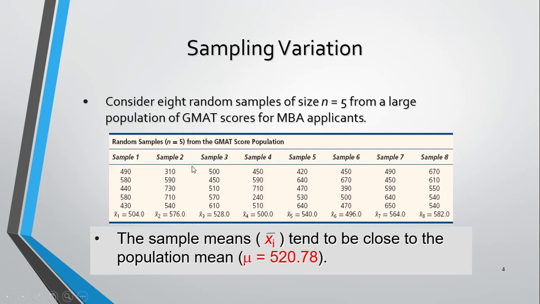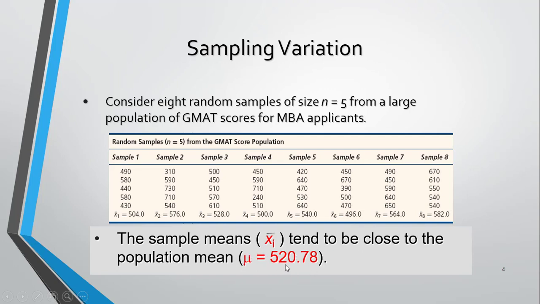This time someone scored 310. Ooh, that's pretty low, right? And 590 better, and 730, that's pretty good, right? Pretty high, and 710 and 540. You can see that the average for sample 2, the second sample, is 576. And of course, the mean for the population, we know, is 520.